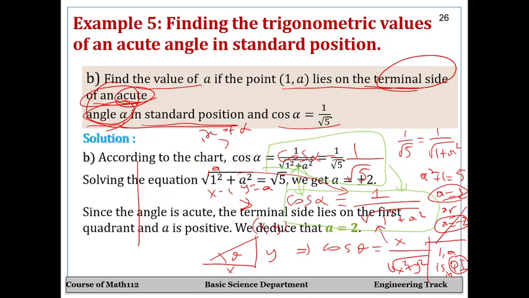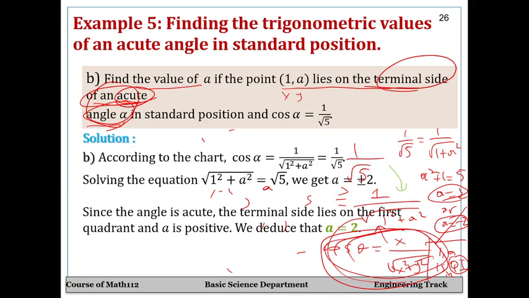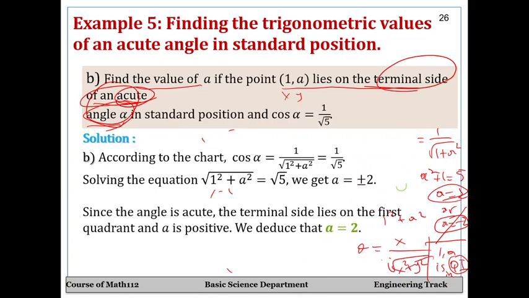Now here is the explanation. It says, according to the chart, cosine alpha has to be 1 over square root of 1 squared plus a squared. According to the chart means he's using this one. And then x and y are 1 and a, and he is putting the x and y values here, and then matching it with 1 over square root 5, which is given here.